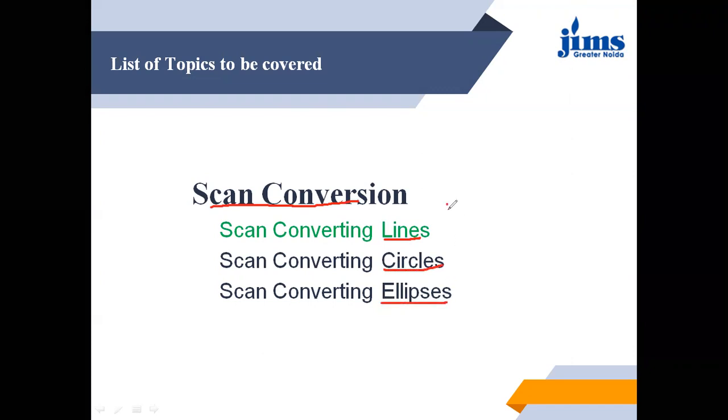We will discuss scan conversion for these three objects, because I told you that we can draw any object by using these three objects. First we will see what scan conversion is. In the next slide we will discuss the need of scan conversion. So let's come to the next slide.